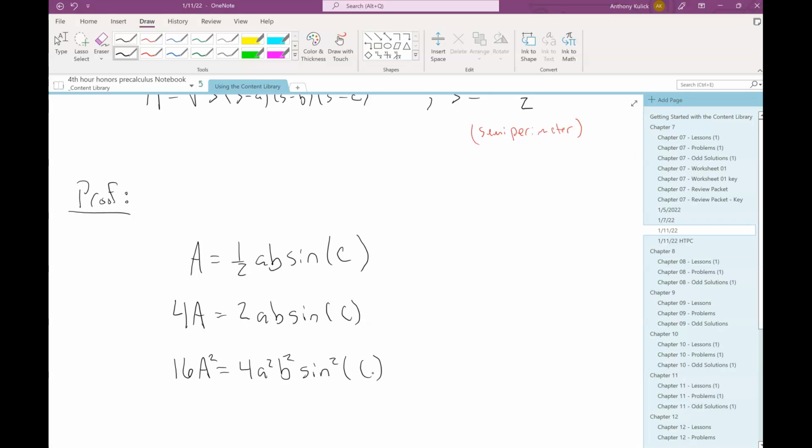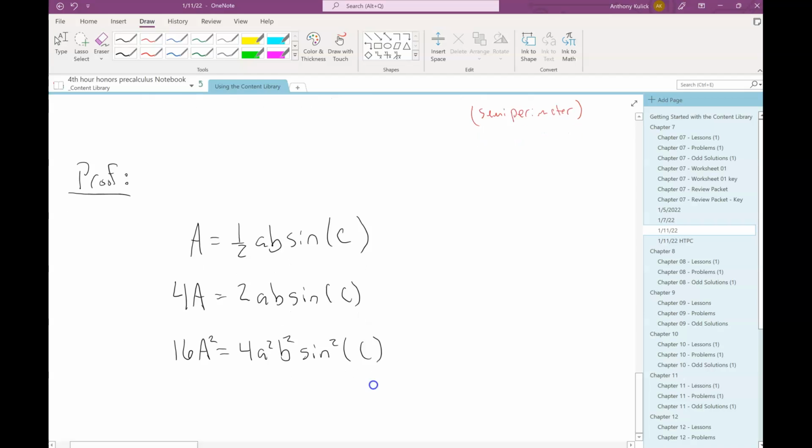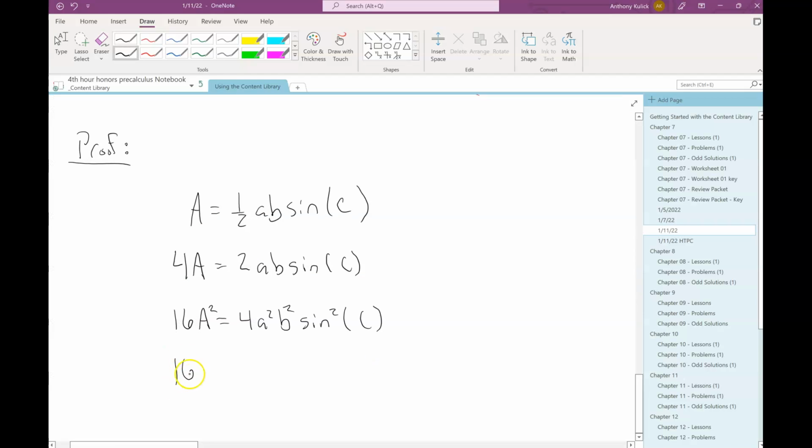Now I notice here I have sine squared. If I think back to last semester, I know that sine squared is equal to 1 minus cosine squared. That was an identity that we used rather frequently. I'm going to use that substitution now.